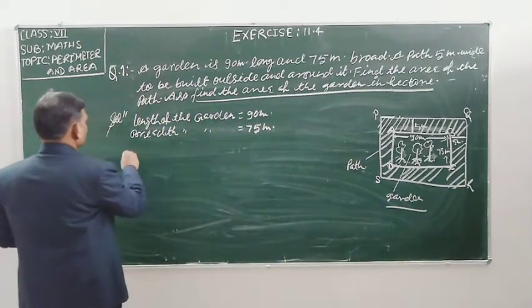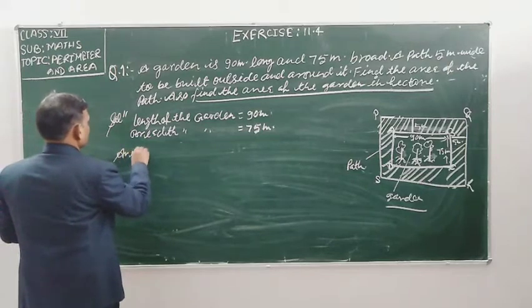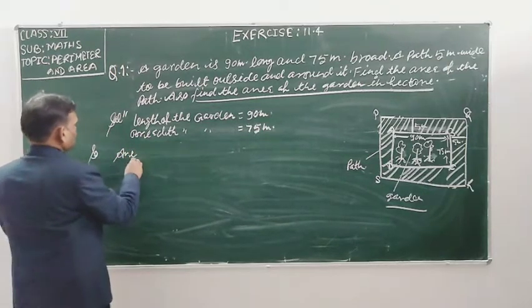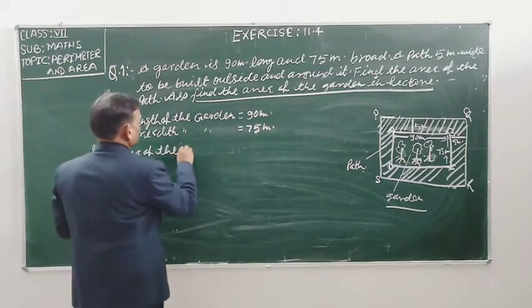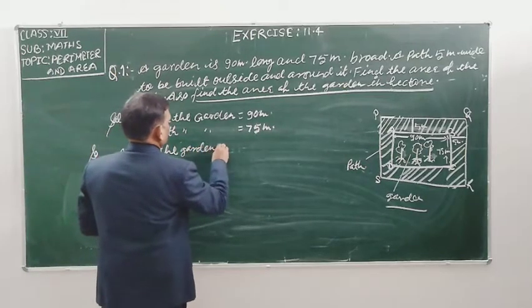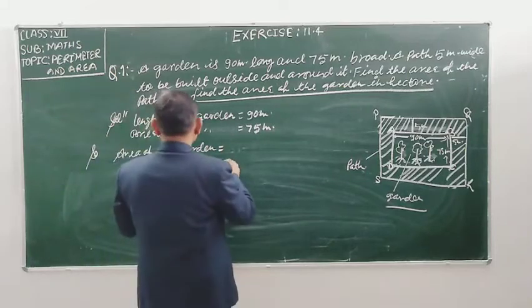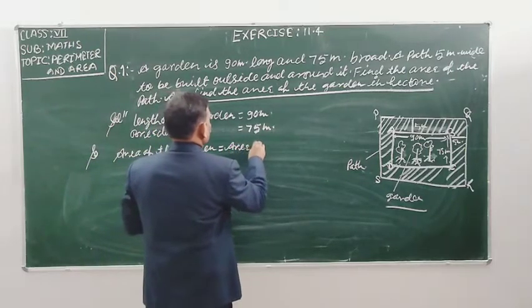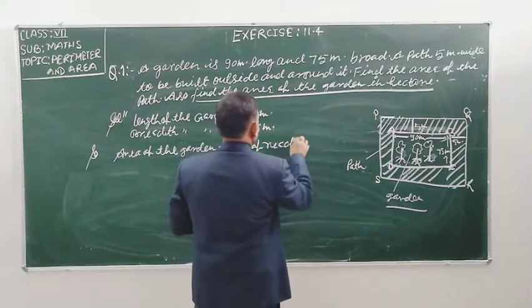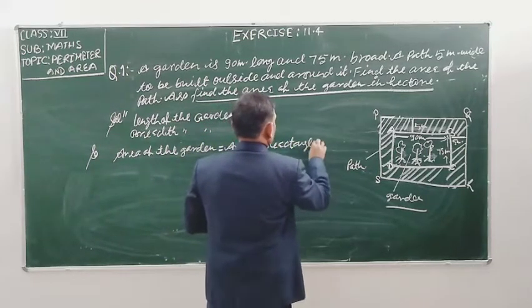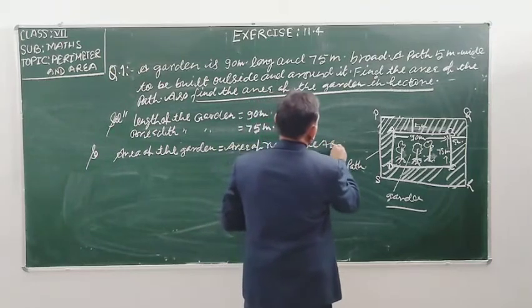So area of the garden is equal to area of rectangle ABCD.